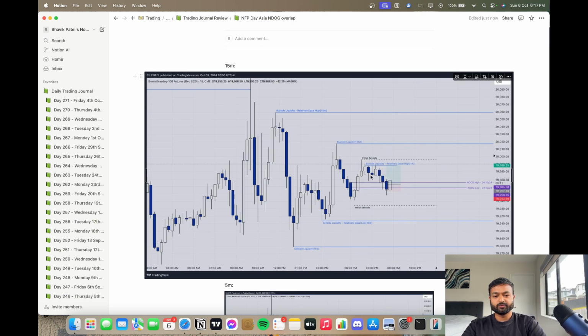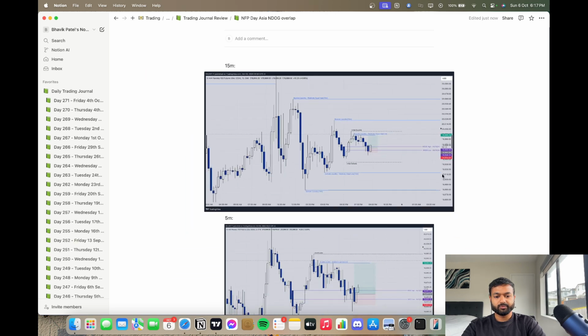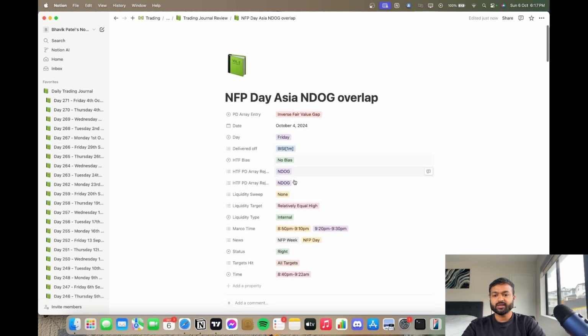If it rejects from this area between this high and this low, do you see how there's a gap here between the candlesticks? I would say that would be a fair value gap, and I would put that as my PD array rejection.